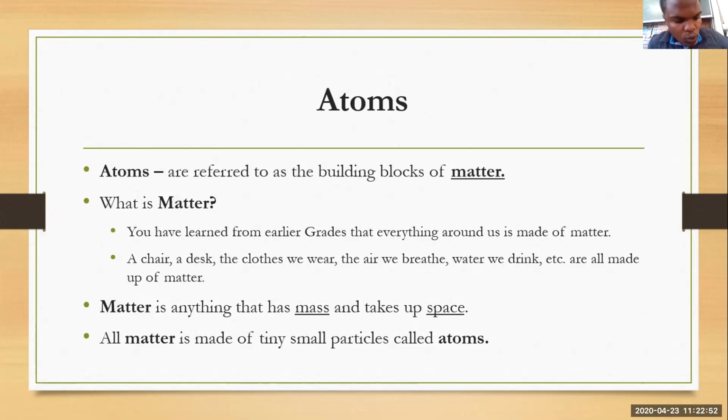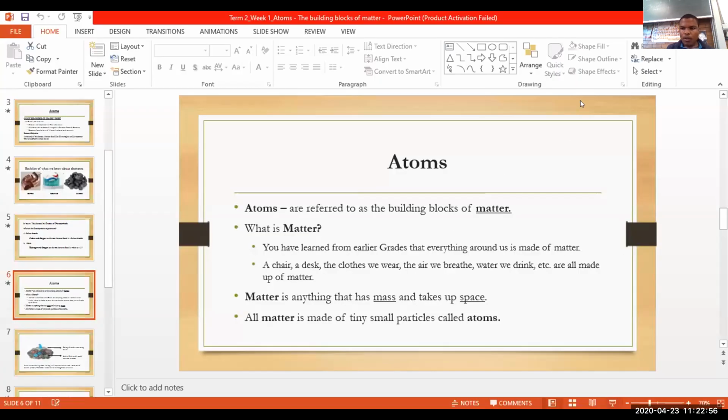Okay, let's look at this simple demonstration. Let's try to draw up something. Let's say, for example, this block here is a piece of matter.